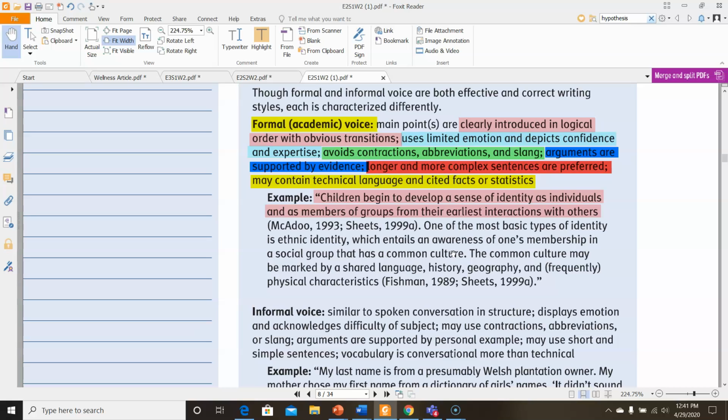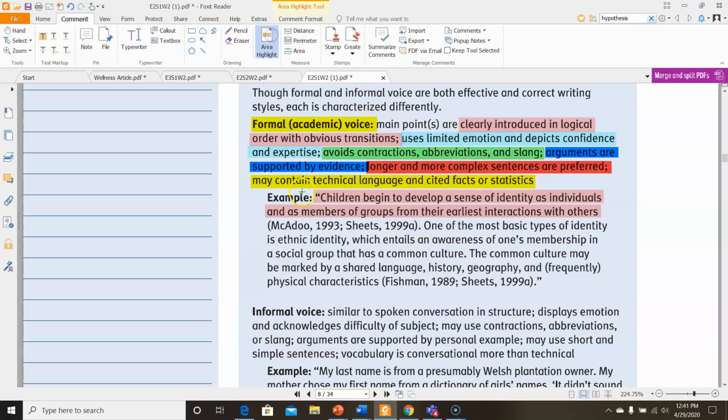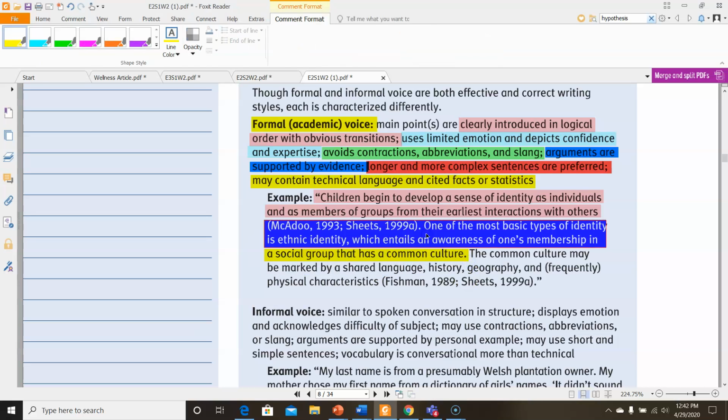So here, that's probably the best example of uses limited emotion and depicts confidence and expertise. And then I'm going to make that one light blue.